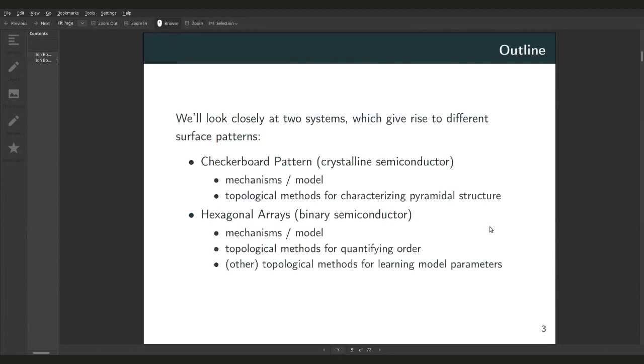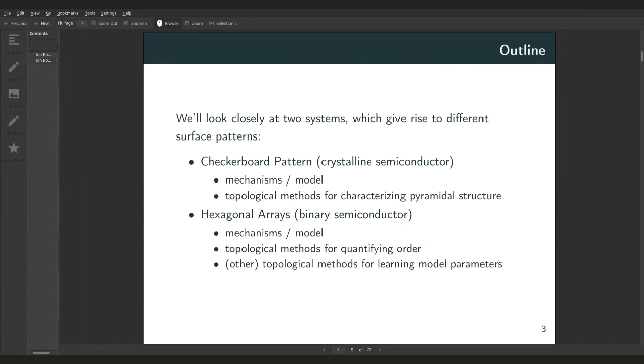In this talk, I'm going to zoom in on two specific systems, two different patterns that form. One is a checkerboard pattern that comes from a crystalline semiconductor. I'll look at the mechanism and the model, and then hone in on the topological techniques that we use to characterize the structure in that pattern. Then we'll look at hexagonal arrays of nanodots.